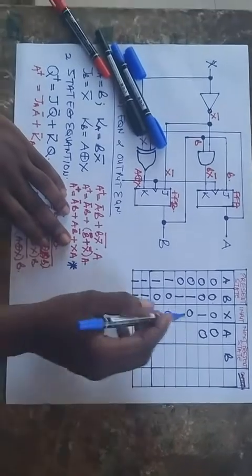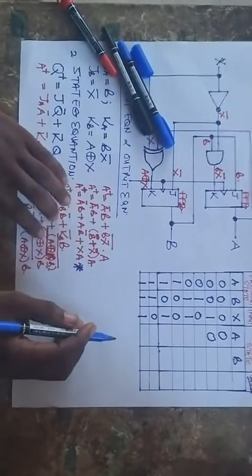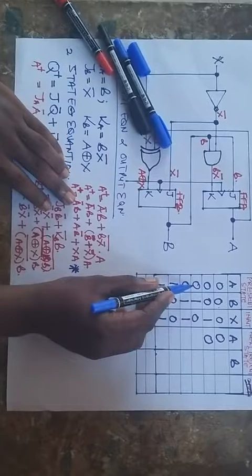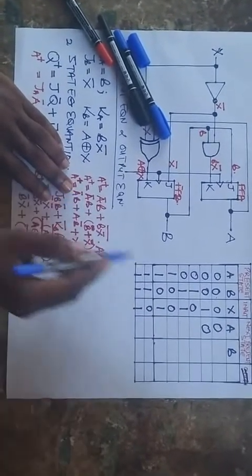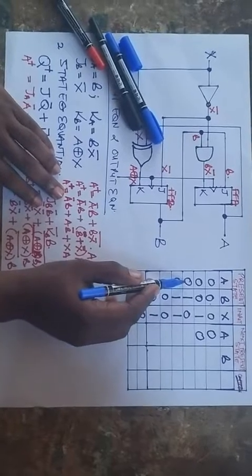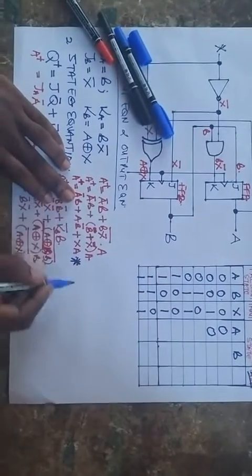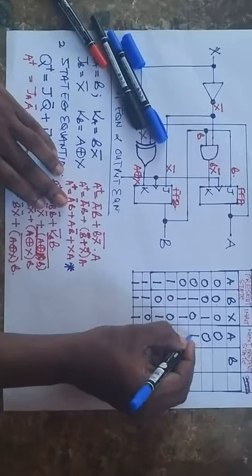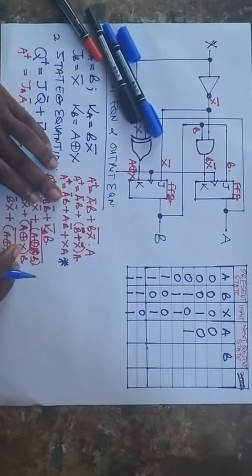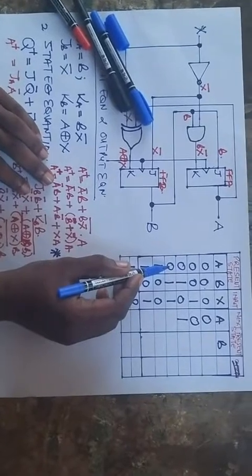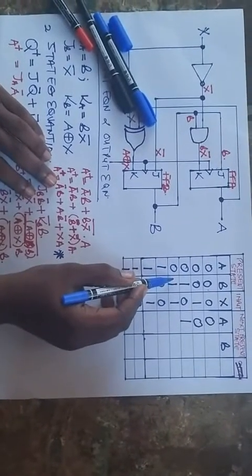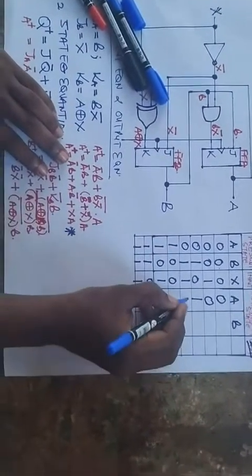Okay, now let's do this one. Now A will be 1, okay, because 0 bar is 1, and then B is 1, so of course 1, this is 1, everything will be 1 here. Okay, again A is 0, 0 bar is 1 times 1, and then so this one will also be 1.